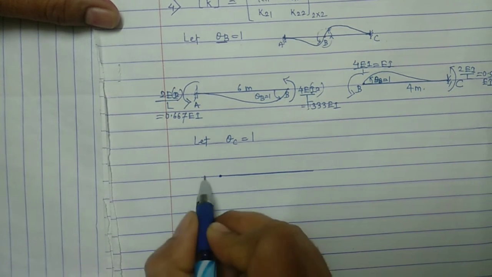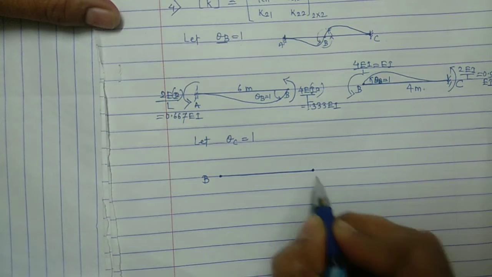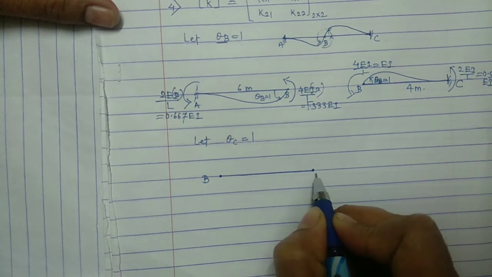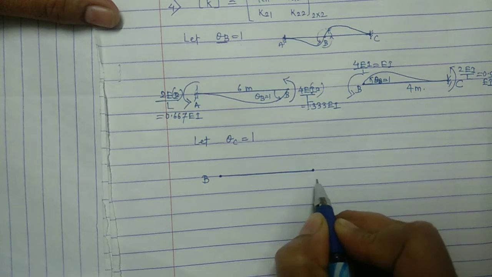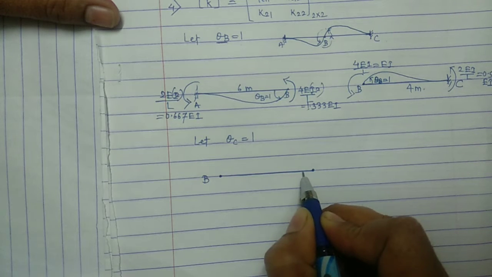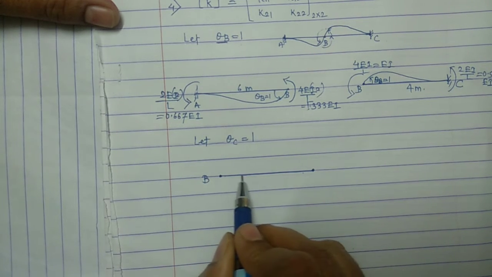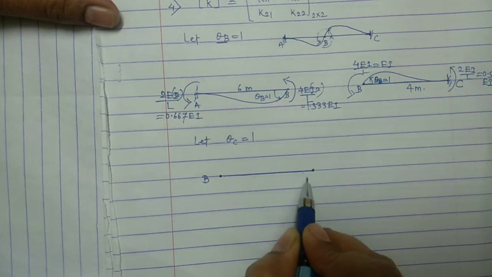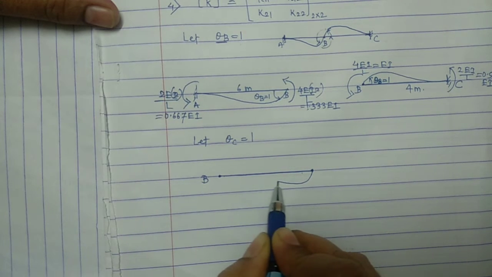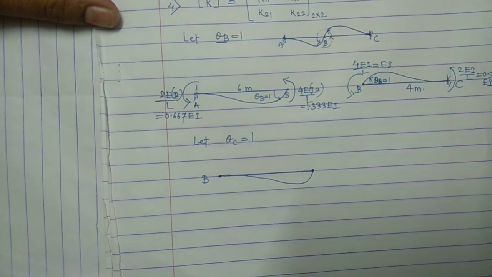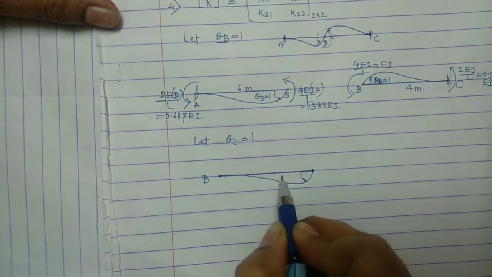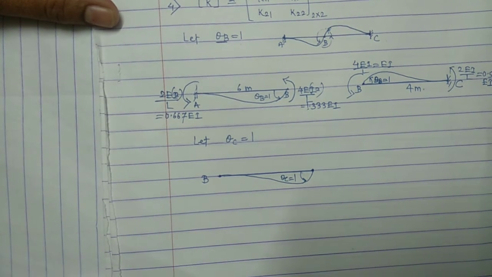Consider B point as it is here and here C point. So this C point, rotate it in a positive direction, anti-clockwise direction. So in anti-clockwise direction, when this member is rotated, it will go in a downward direction, this way, and that point B will be as it is. So here that amount is theta C equal to 1.